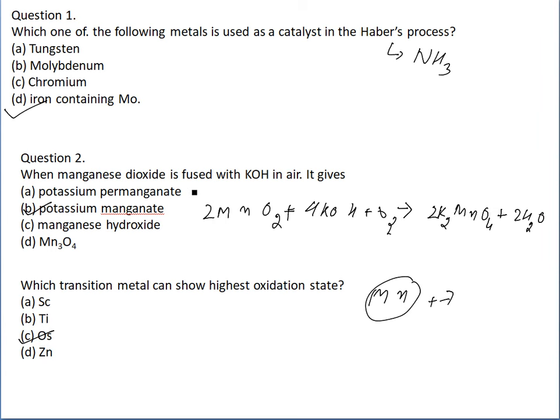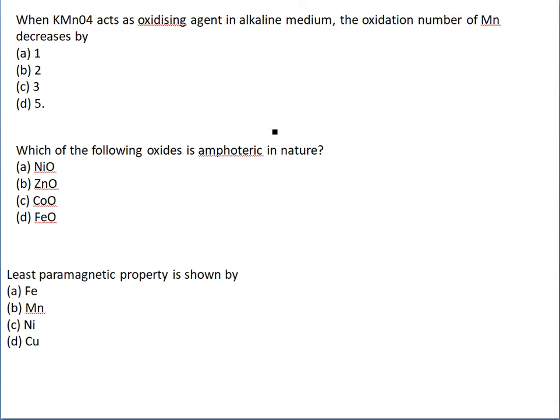Okay, next question: when KMnO4 acts as an oxidizing agent in alkaline medium, the oxidation number of Mn decreases by 3.